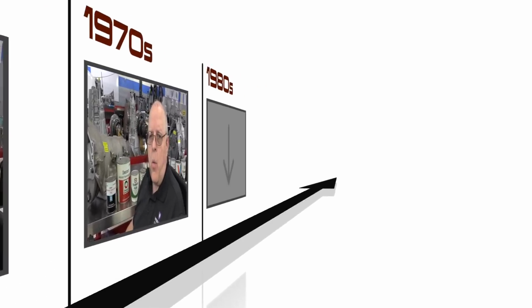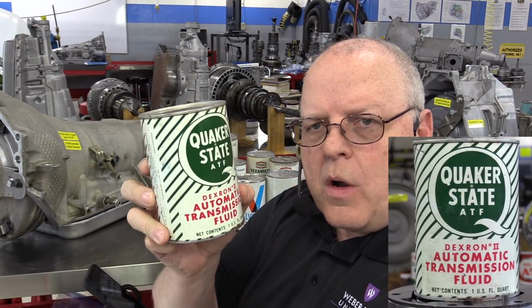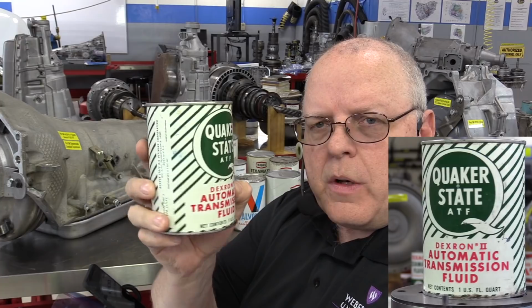So in 1971, improvements in oil refining, specifically a process called hydrocracking, ended up producing a better quality base oil. And because of this improvement in base oil qualities, a new fluid specification came out in 1973 called Dexron II. So here's a can of Dexron II automatic transmission fluid.